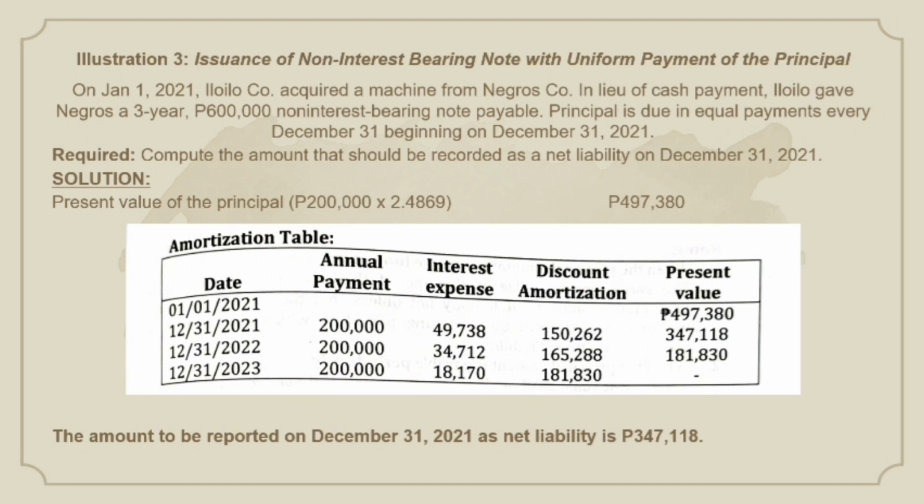So we have the 200,000 yearly payment. So the present value of the principal, 497,380, will be deducted by the discount amortization of 150,162. So the amount to be reported on December 31, 2021 as a net liability is 347,180.